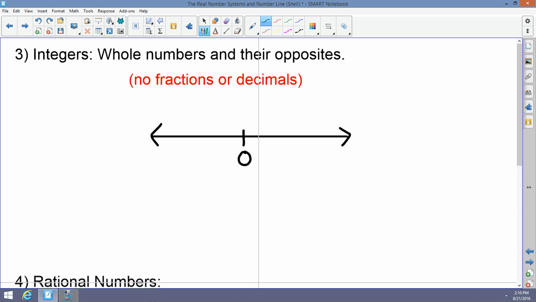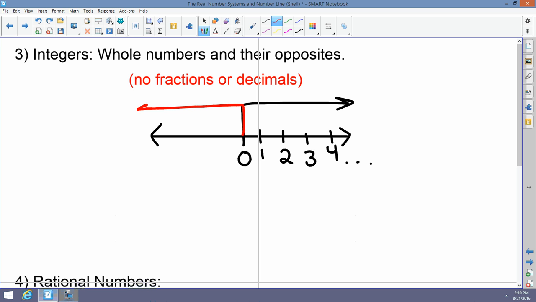And if we go to the right of 0, we are going to increase value. We're going larger than 0. So we have integers such as 1, 2, 3, 4, dot, dot, dot. As we go towards the left of 0, we are going smaller and smaller. We're going into the negative side of the integers. And it follows as -1, -2, -3, dot, dot, dot.